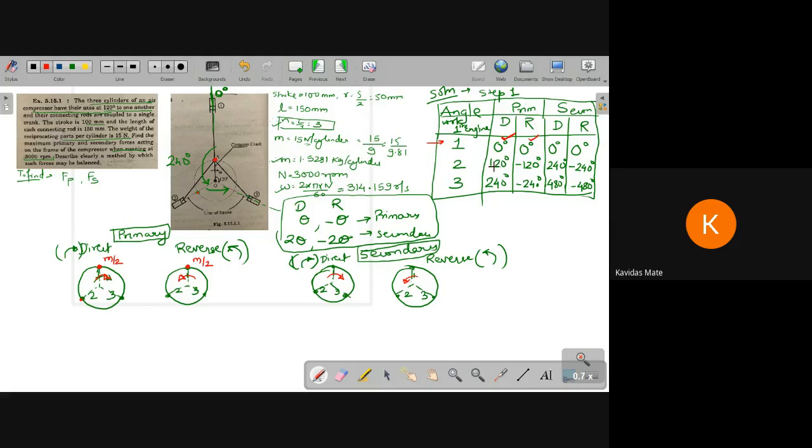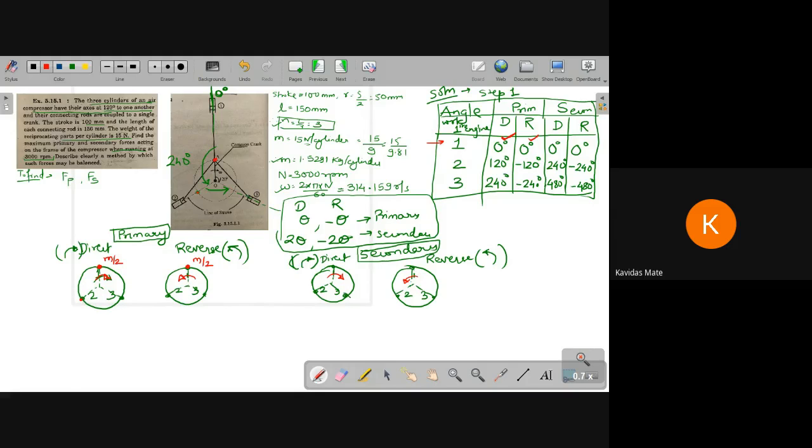So what I need to do is take into consideration these particular angles. Ideally the m by 2 should be placed at this position. But since it is located on one single crank, I need to move the masses based on the angles between the engines. Now how to do that? Okay, let's look at that.